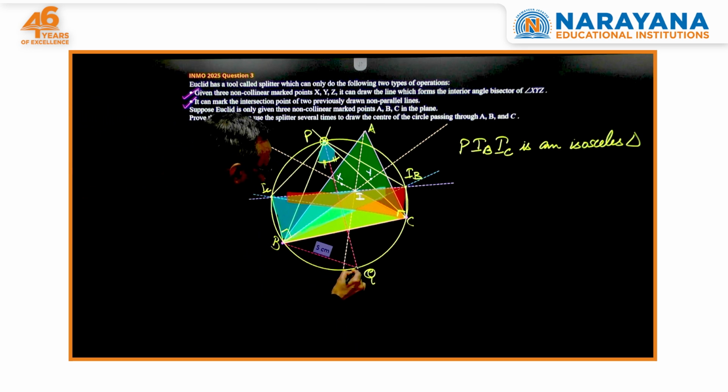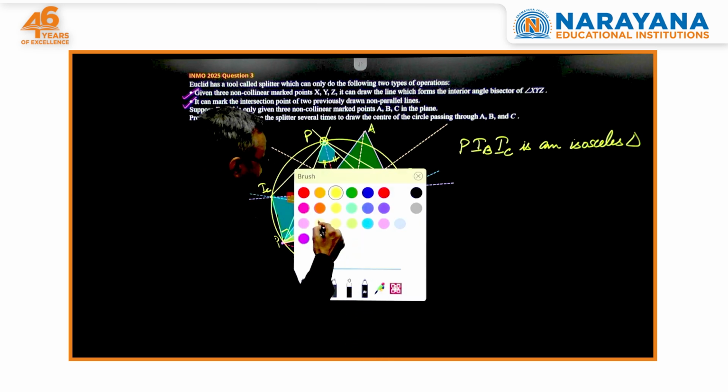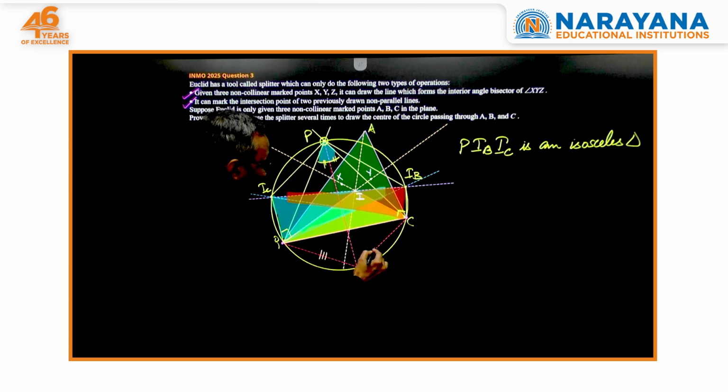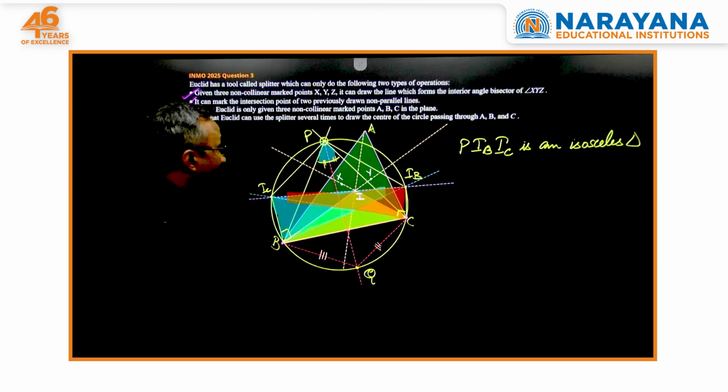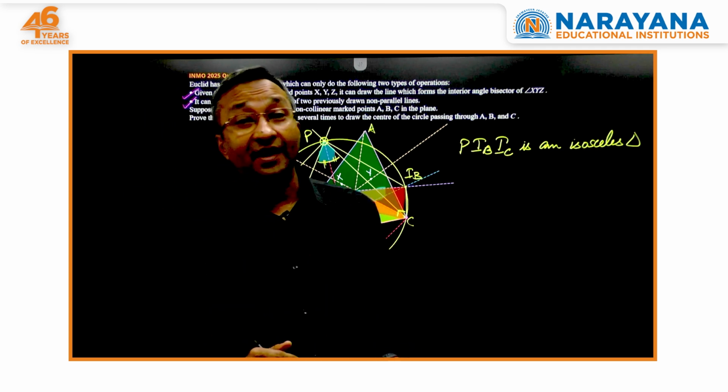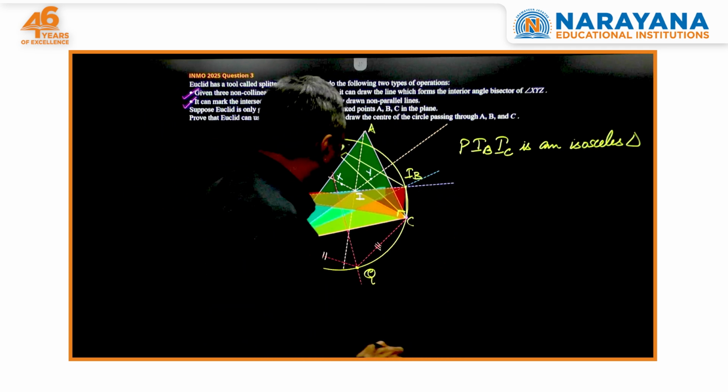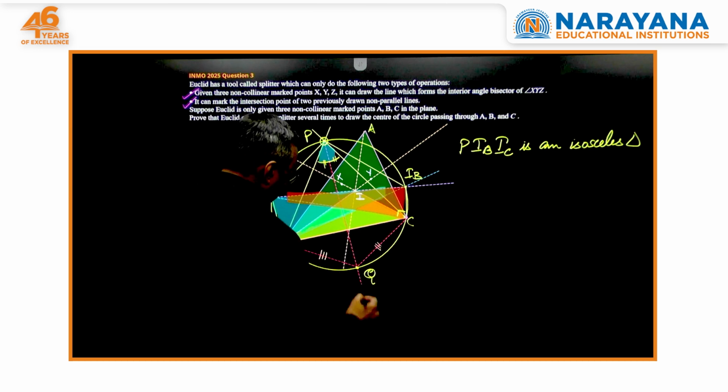That means QB equals QC. Same lemma. Remember, PBC is not isosceles, so you may not get any direct result. But whatever triangle PBC is, the angle bisector of angle BPC when it meets this circumcircle at Q, this triangle is isosceles.